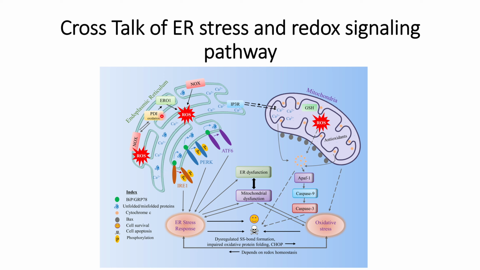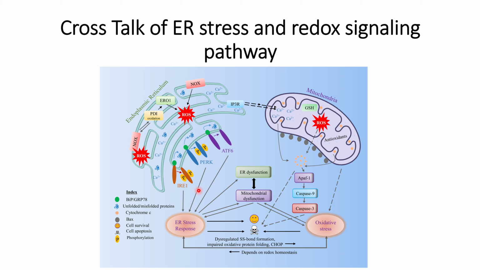Because PDI is not able to do its function properly, the proteins such as BIP, GRP78, which usually bind to IRE1, PERK, and ATF6, thus preventing them from phosphorylation, are not able to acquire the native structure, and thus are not able to perform their function properly.